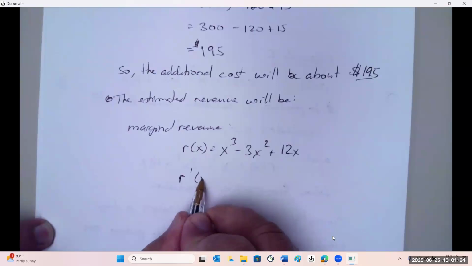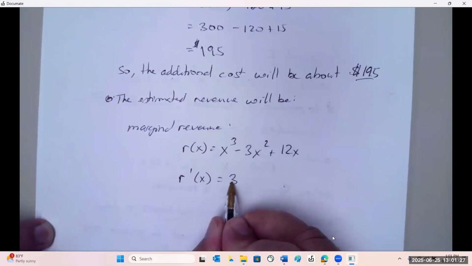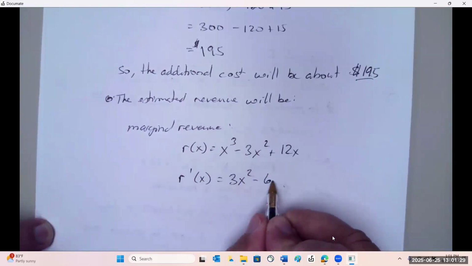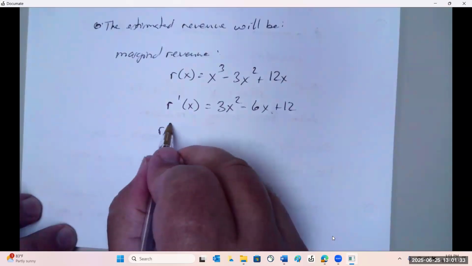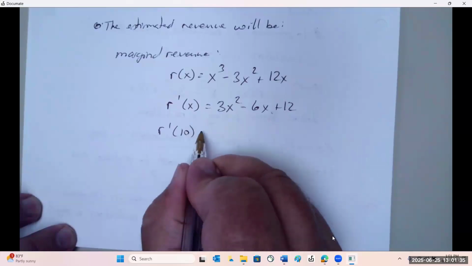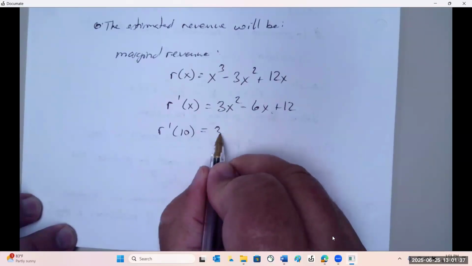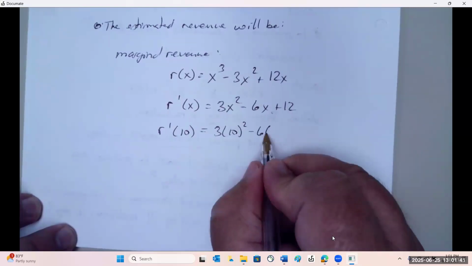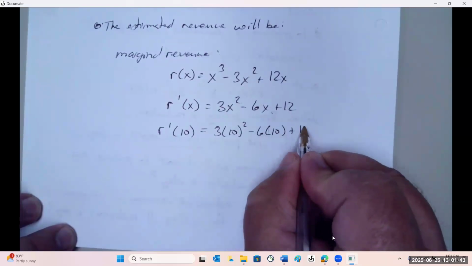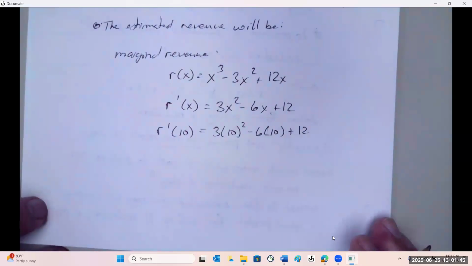So R prime is equal to 3x squared minus 6x plus 12. At 10, we have 3 times 10 squared minus 6 times 10 plus 12.